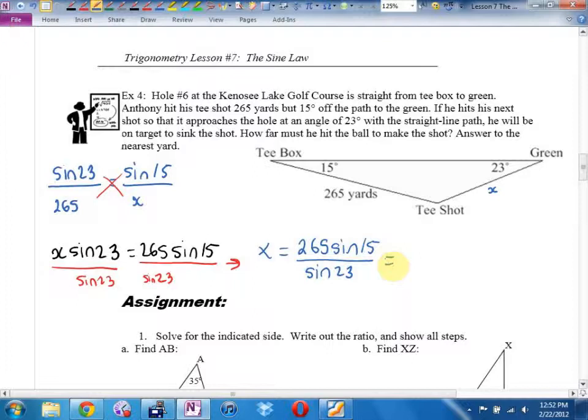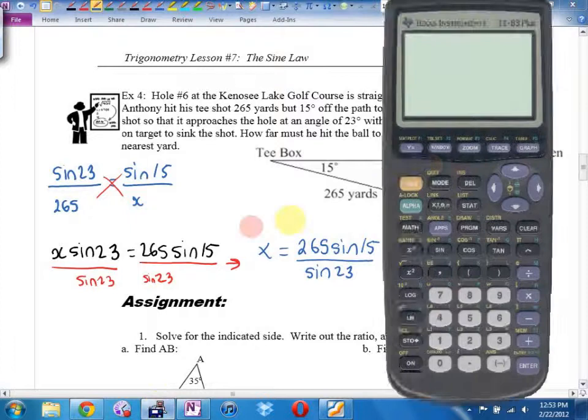What do you get? Sorry? 175.53. Anybody else? 0.54? I better try this on my calculator.